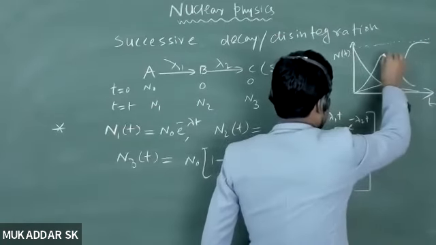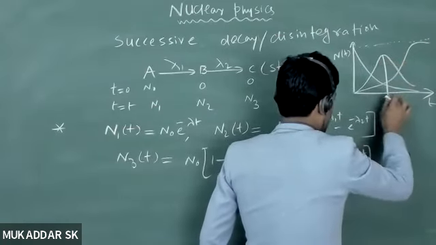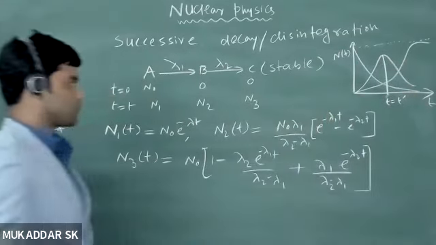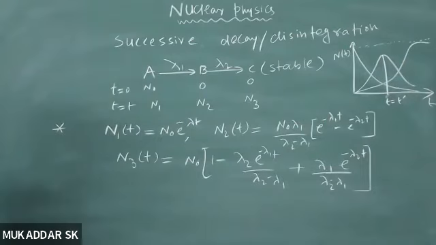And I ask you to calculate at what time, at time t equals t dash, the population of N2 is maximum. So you have to find that time t dash that I ask you to do.